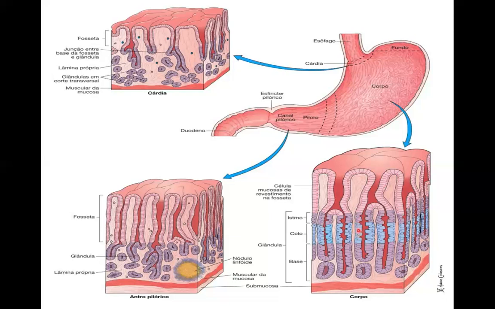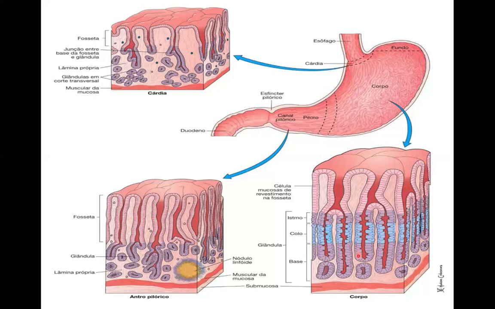Then we have a cell which is called the parietal cell, which is responsible for secretion of hydrochloric acid, okay, and the intrinsic factor. The parietal cell is also called the oxyntic cell. You usually find it in the middle. At the bottom of the gland, you will have the chief cells, also called zymogenic cells.